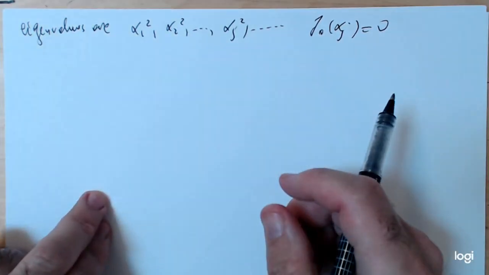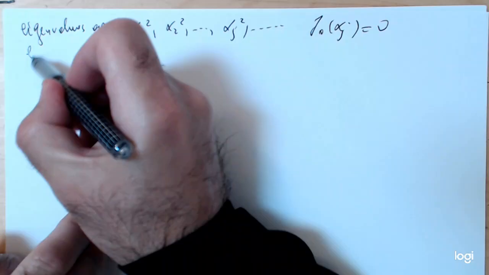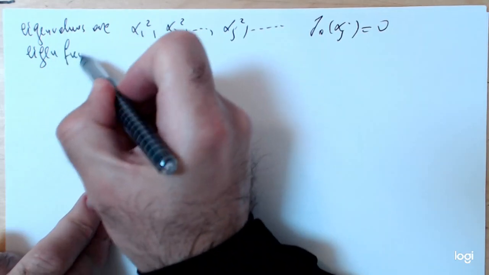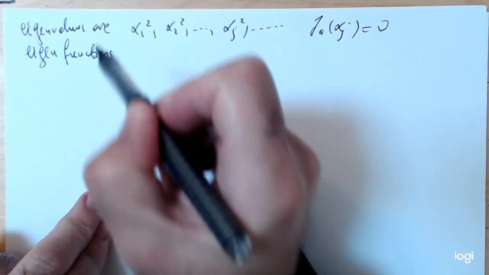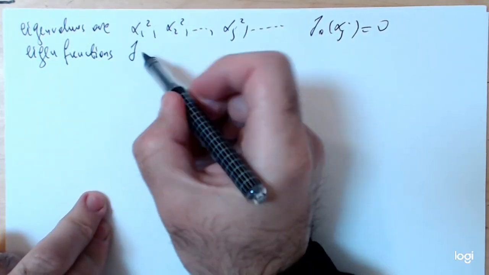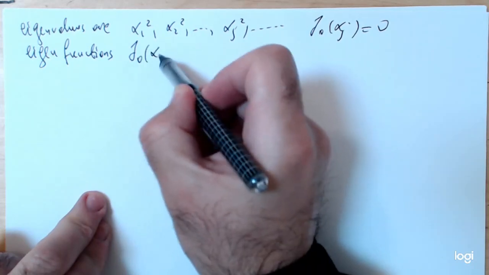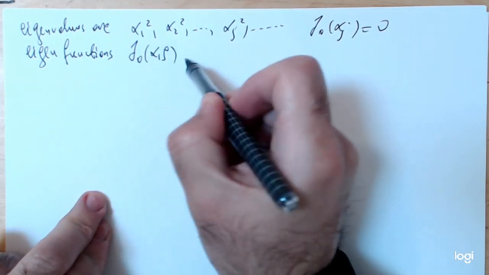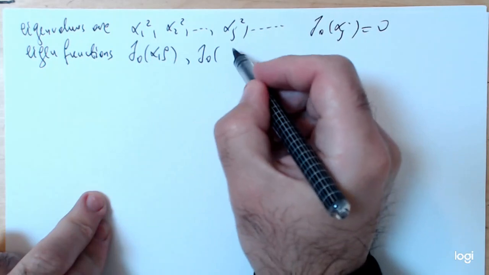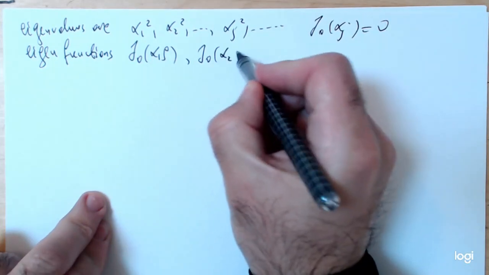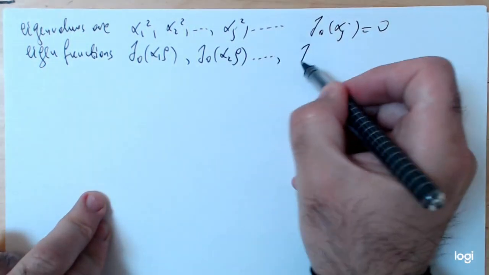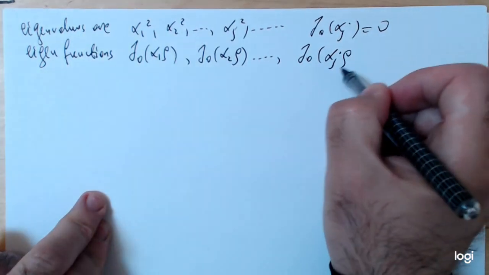This is where they come from. And the eigenfunctions are J0 of alpha 1 rho, J0 of alpha 2 rho, and so on, J0 of alpha j rho, and so on.